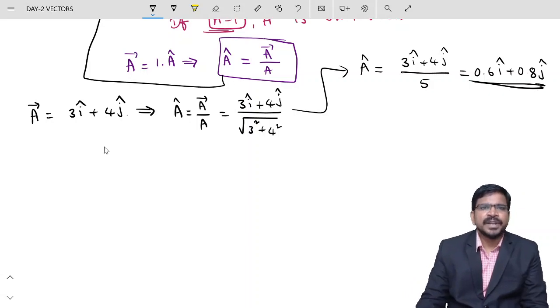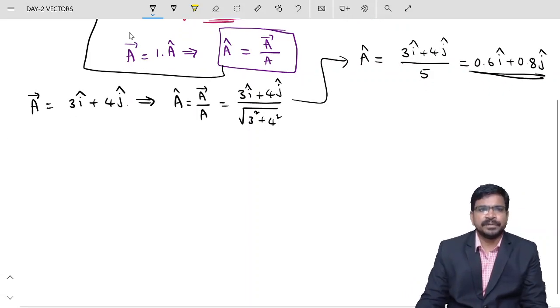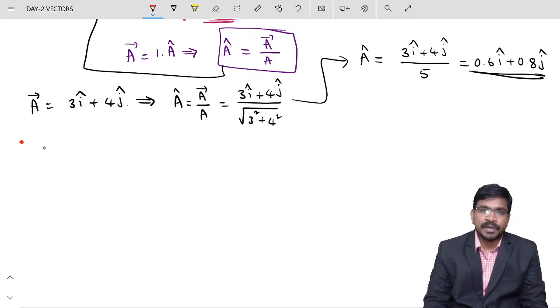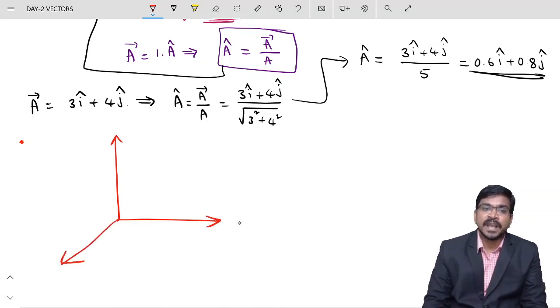Next, a very important type. The remaining types you can observe as theoretical points in our theory handout. Another very important thing is the orthogonal unit vector. Suppose I consider the coordinate axes, x-axis, y-axis and z-axis, right?